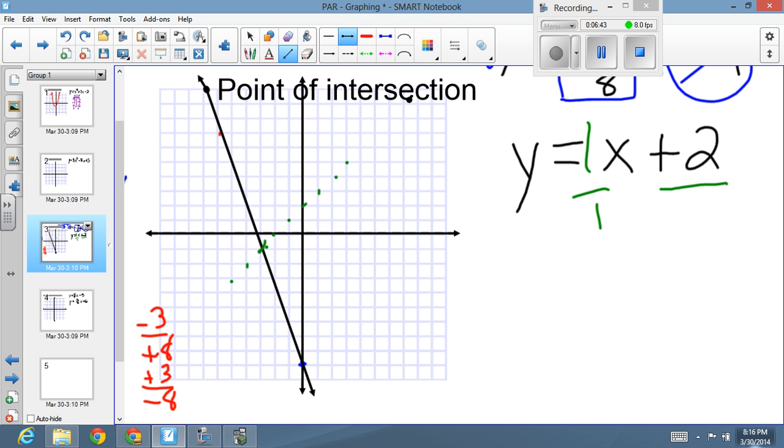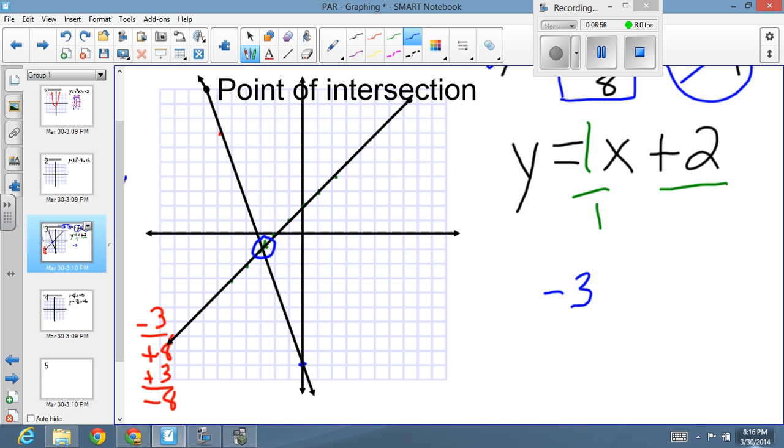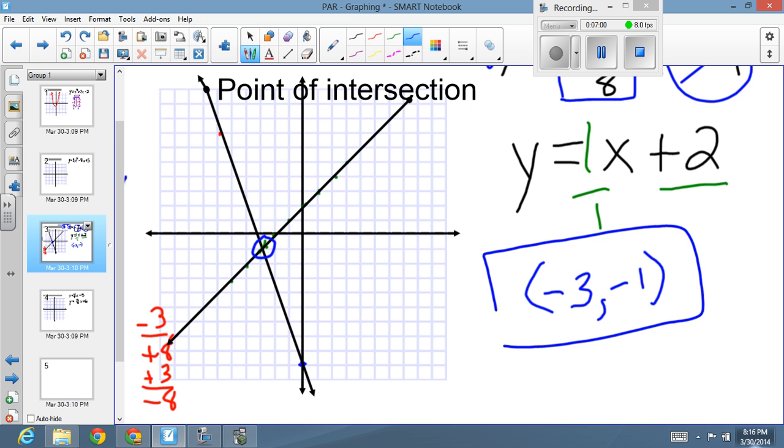Okay, so let me go ahead and draw my line. The key is, what is this point? Looks to me, if I count that right, it's to the left 3, down 1. That's the solution to this system of equations. Graph both lines, look for where they intersect.